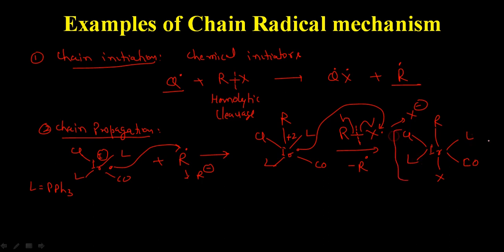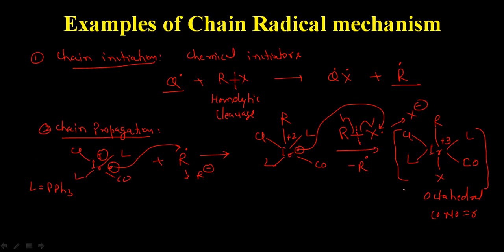So this is a 6-membered complex with octahedral geometry, coordination number 6, and due to transfer of one more electron, in first step one electron was transferred, in second step one more electron was transferred, so there is total increase of 2 oxidation state units for iridium. So now oxidation state of iridium is +3. Initially it was +1, then it was converted into +2, and finally it is converted into +3 oxidation state.